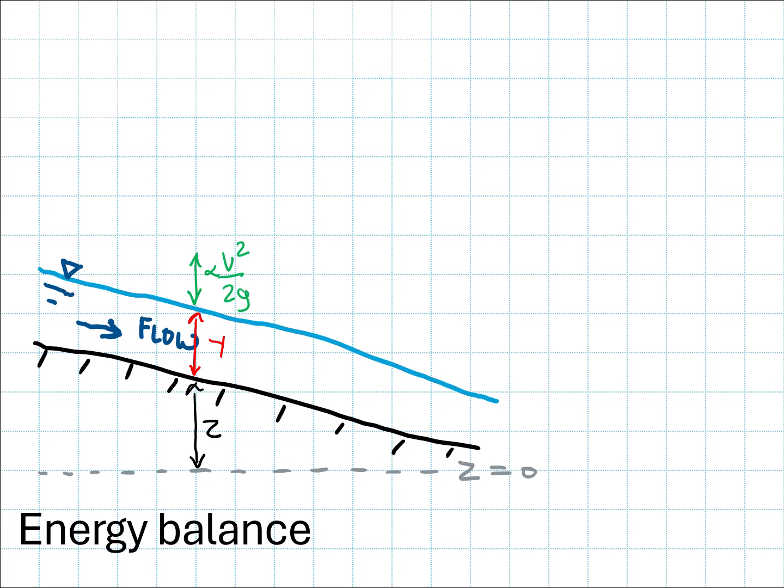And so if I calculate hydraulic head at any point along this channel, it's always going to be this sum of z and y. So my hydraulic grade line is going to be right along the free surface of my channel, everywhere in the channel. And then my total energy grade line is going to be above that, a distance of v squared over 2g above my hydraulic grade line.